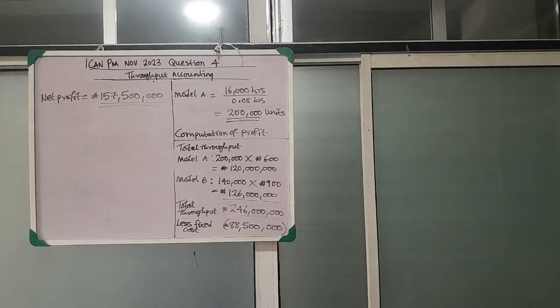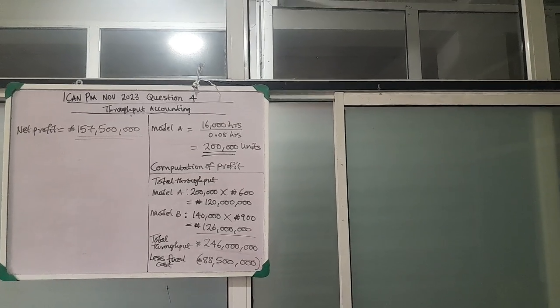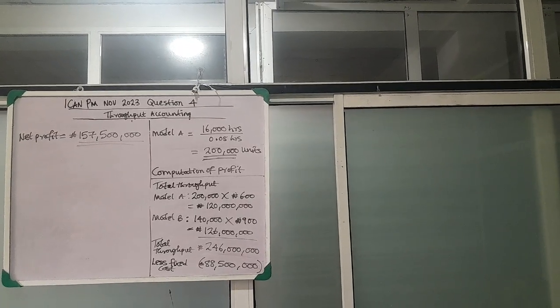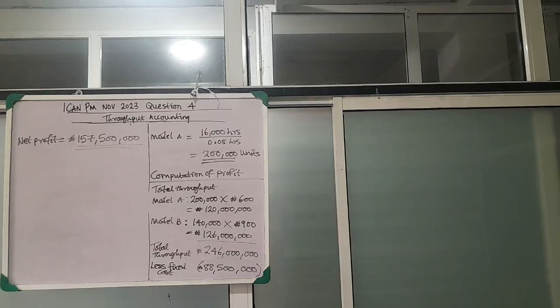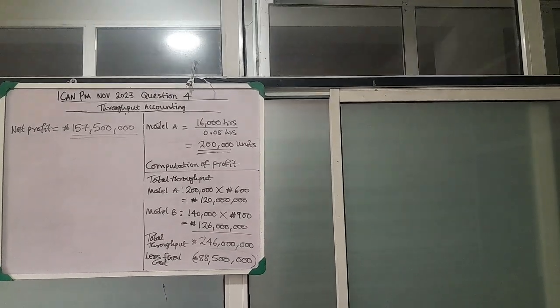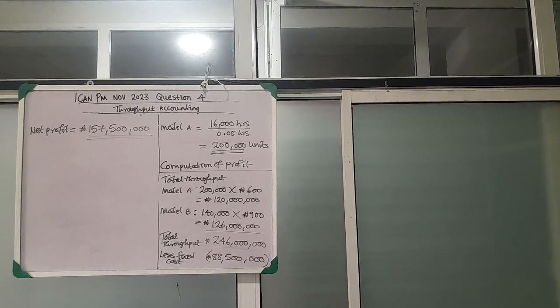In marginal costing, contribution is simply the selling price less all variable costs. While in throughput accounting, contribution, which is also known as throughput, is selling price less only direct material cost. So that is one way that they are different.